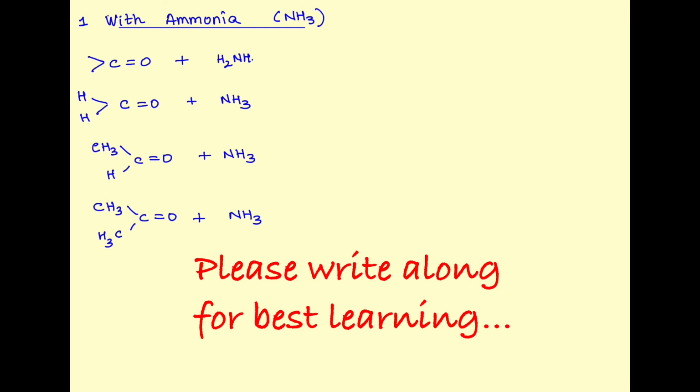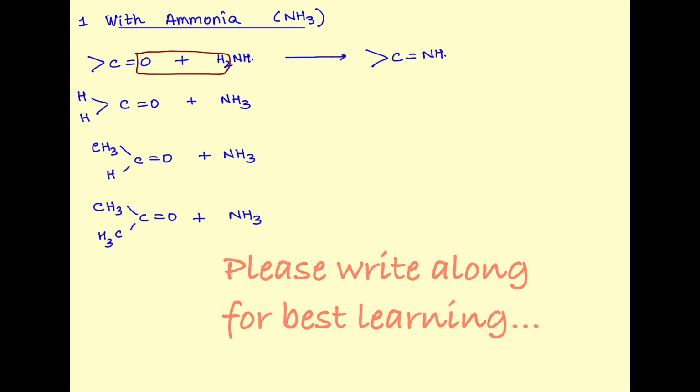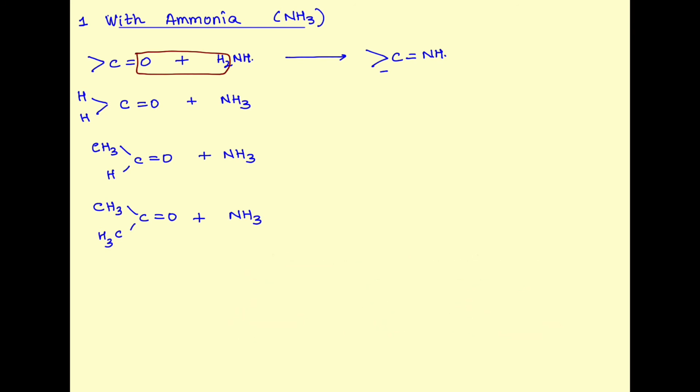Remember the box and then simply C double bond NH, and the substituted product is known as an imine. You have to write the same reaction with methanol, ethanol and propan-2-one. I leave it for you to complete this.